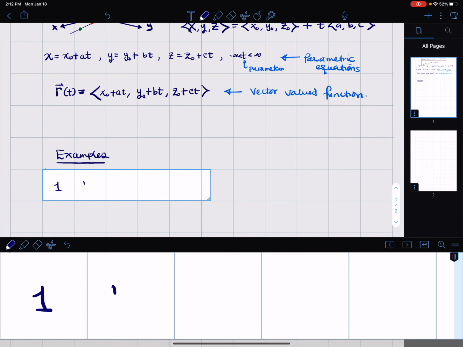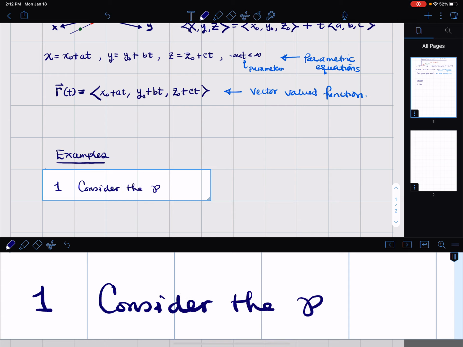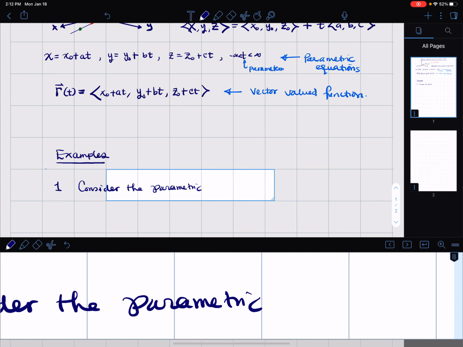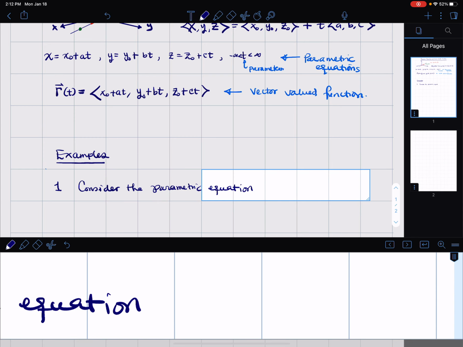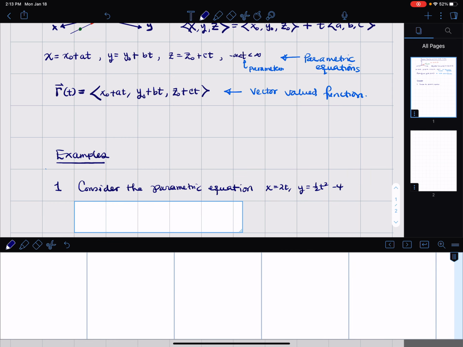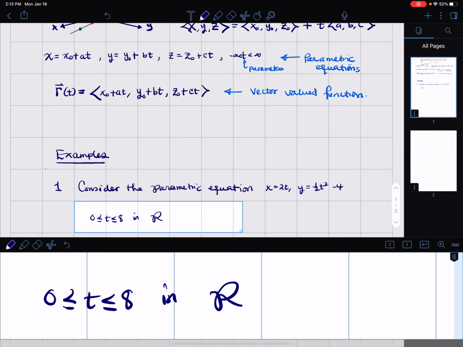So, an example. Let's consider a parametric equation in R2. x is equal to 2t, y is equal to 1/2 t squared minus 4, where t is between 0 and 8, and this is in R2.